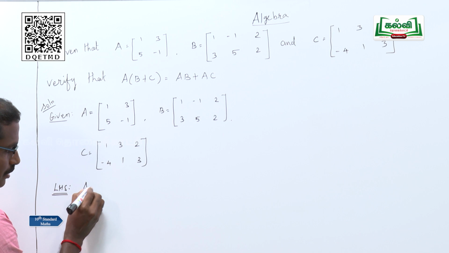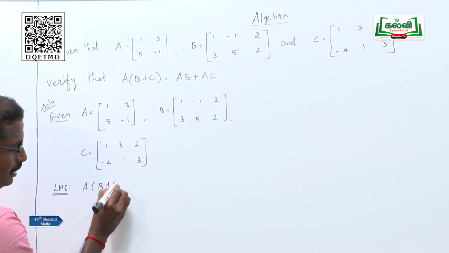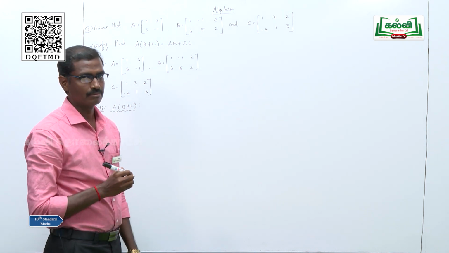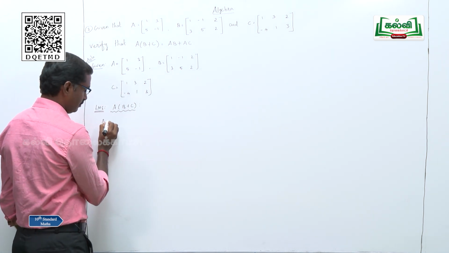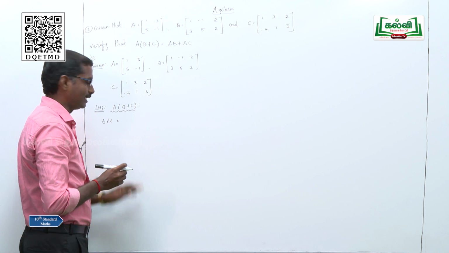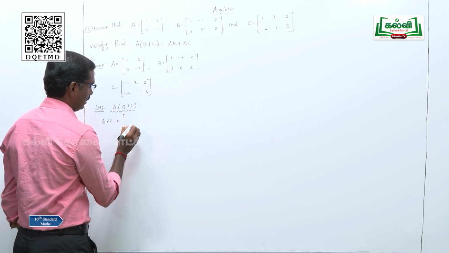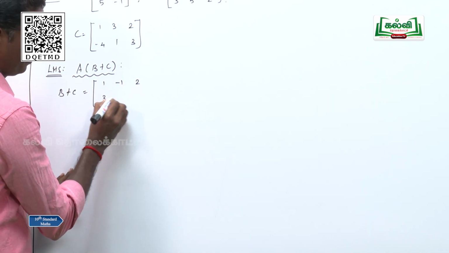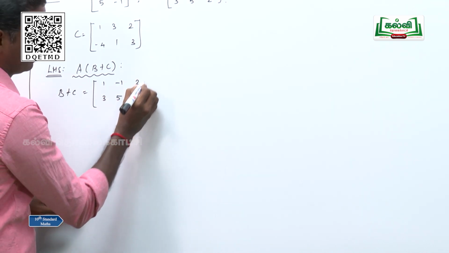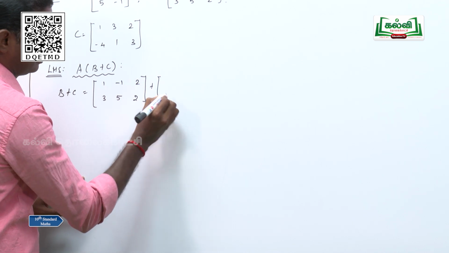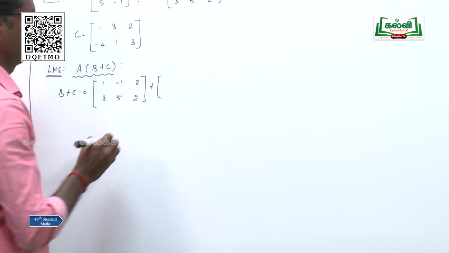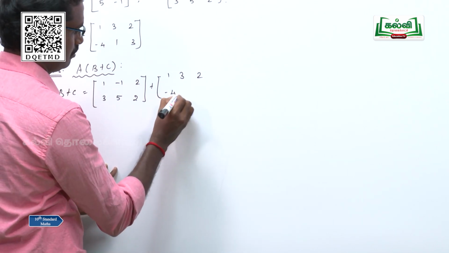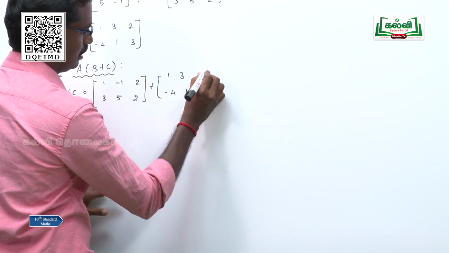Left hand side we have A bracket B plus C. Within bracket we have B plus C. Write B matrix. Elements of B matrix 1, minus 1, 2, 3, 5, 2 plus elements of C matrix 1, 3, 2, minus 4, 1 and 3.